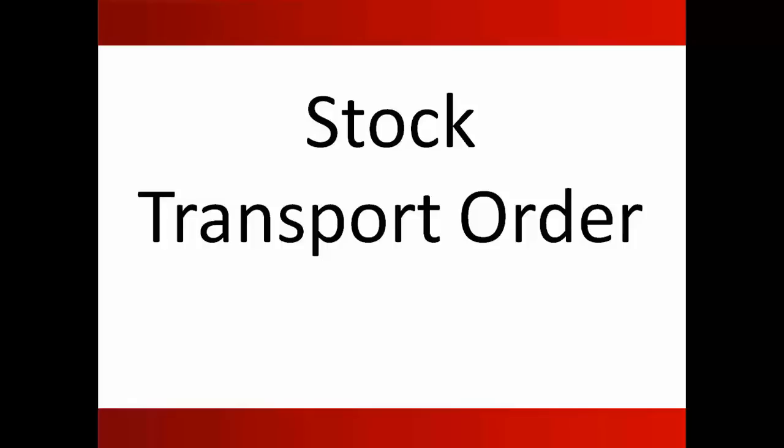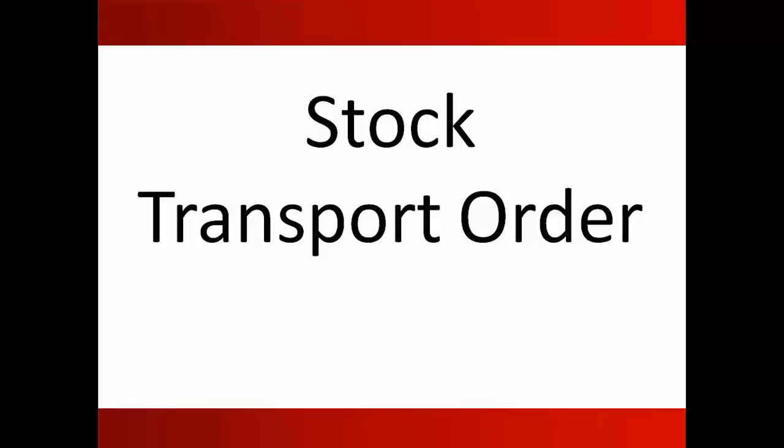A stock transport order, also known as STO, is just delivering goods from one plant to another plant within the same company. For example, if my company is in Australia, a national level company, and one plant is in Melbourne and one plant is in Sydney. The Melbourne plant has a requirement to get goods from the other plant.